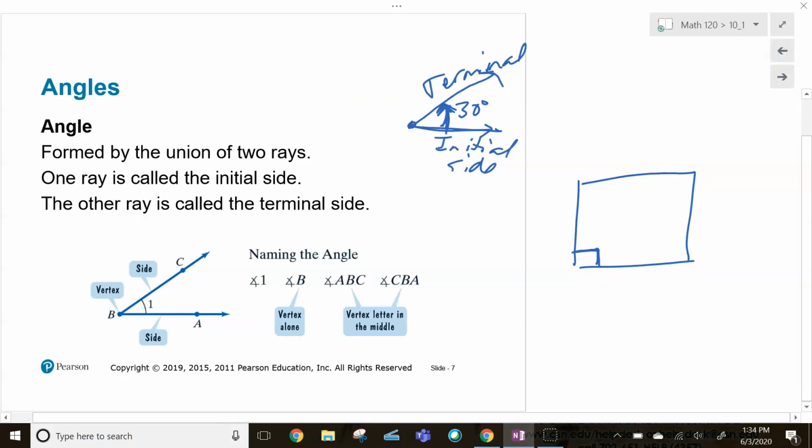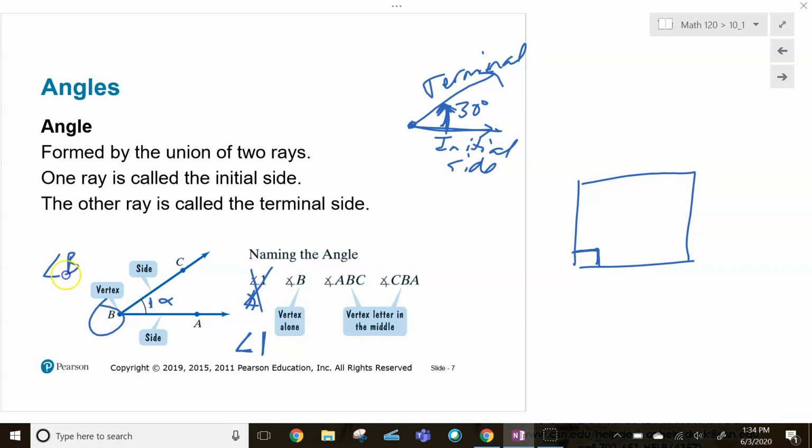But there are different ways to name these angles. You can say angle 1, if it's labeled inside with a number or letter, sometimes a Greek letter like alpha. Angle B, so you can use the vertex.